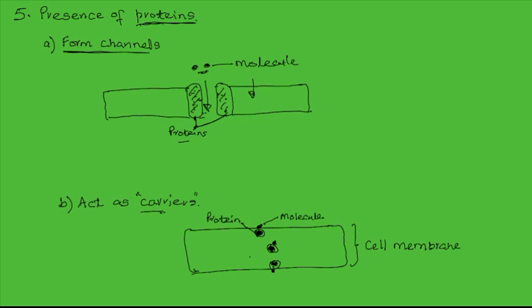So the specific molecules will attach themselves onto the carrier protein, which then moves across from one surface to the other. Upon reaching the other surface, the molecule is released. In this way, these proteins facilitate the movement of other molecules either from the outer surface into the inner surface, or vice versa, across the cell membrane.